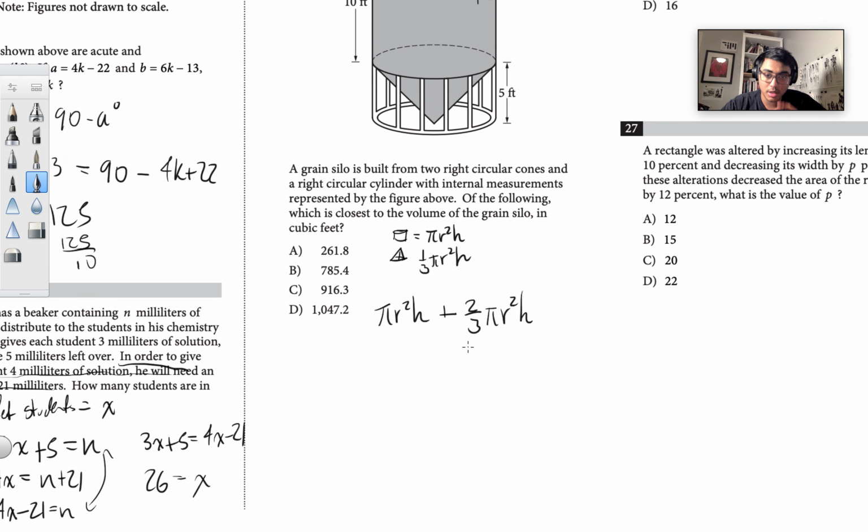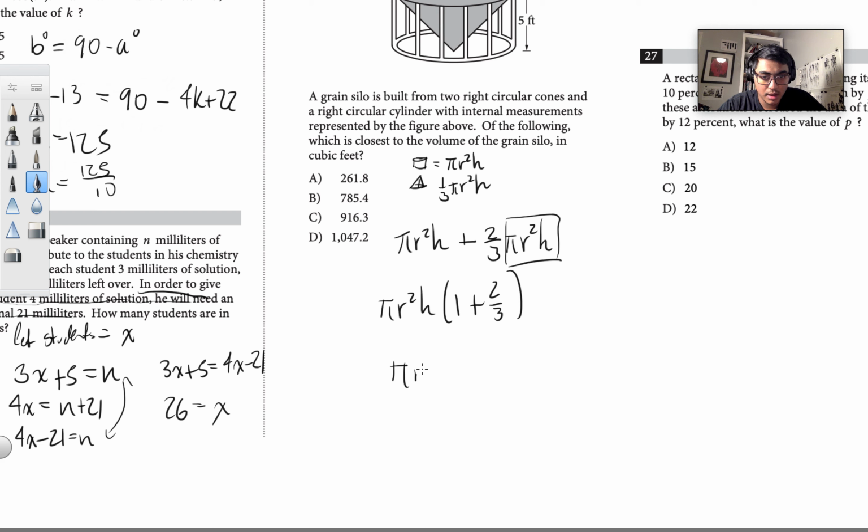I mean, this is extra, but you don't have to, but why not? So we can factor pi r squared h out. So pi r squared h times 1 plus 2/3. So pi r squared h times 3/3 plus 2/3 equals 5/3.